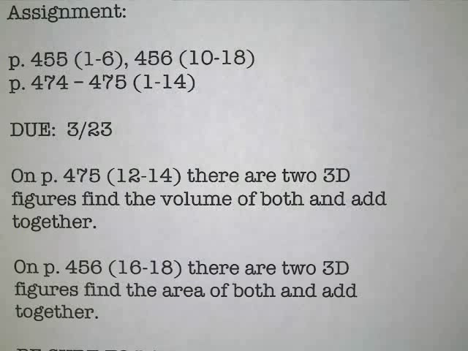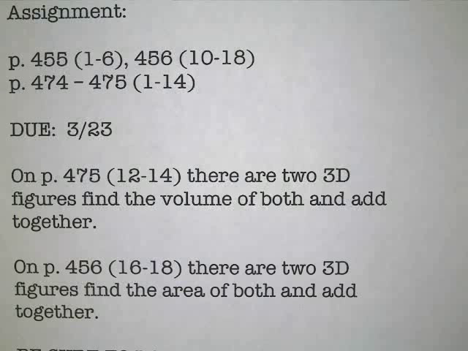Which page? 475. Okay. On page 456, 16 through 18, again, it's a two-sided three-dimensional figure. So you'll have a pyramid here and a pyramid here, and you find the area of this pyramid, and you get the area of that pyramid, add them together to get your total answer. Does that make sense?